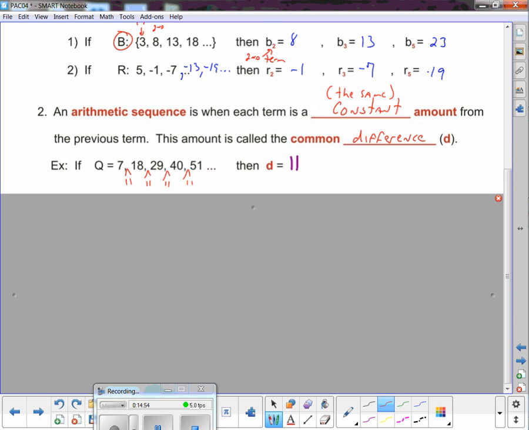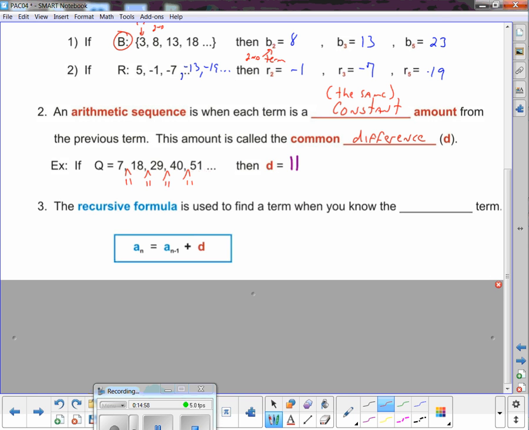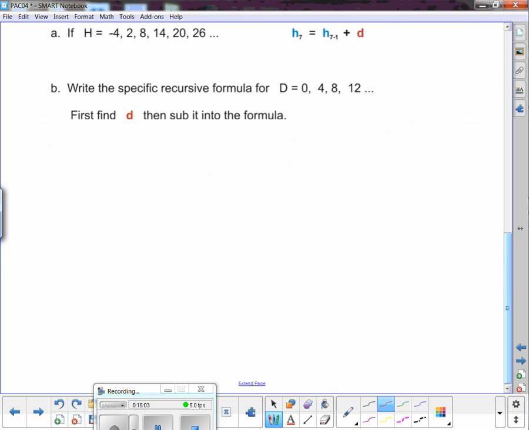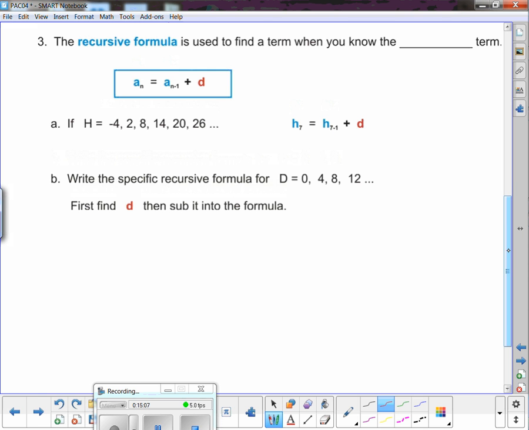All right, so this is all background. Now let's get to some nitty gritty. Okay, so now we're going to get to what's called the recursive formula. That's a big word, I know, recursive. You guys write in cursive.